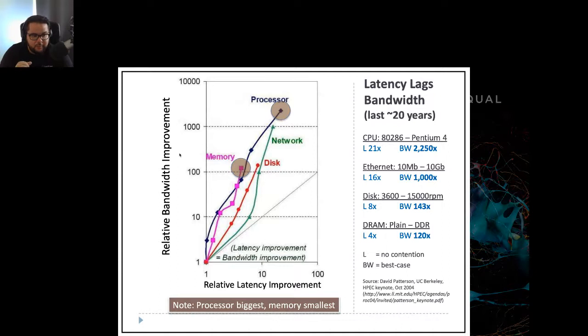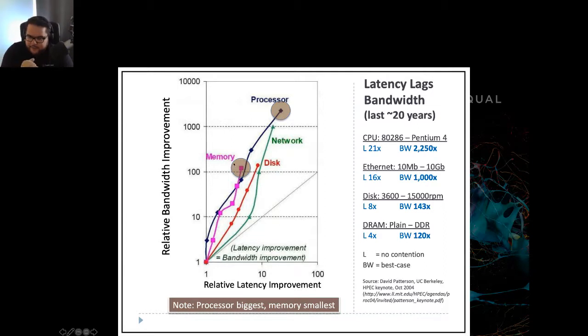So instead of improving latency, we decided to increase the bandwidth. We started to parallelize stuff, right? So instead of having, for instance, a single CPU which is more powerful, we decided to have multiple CPUs inside one single unit. And same with networking, same with disks, same with other stuff as well. We started to parallelize things to make them look faster.